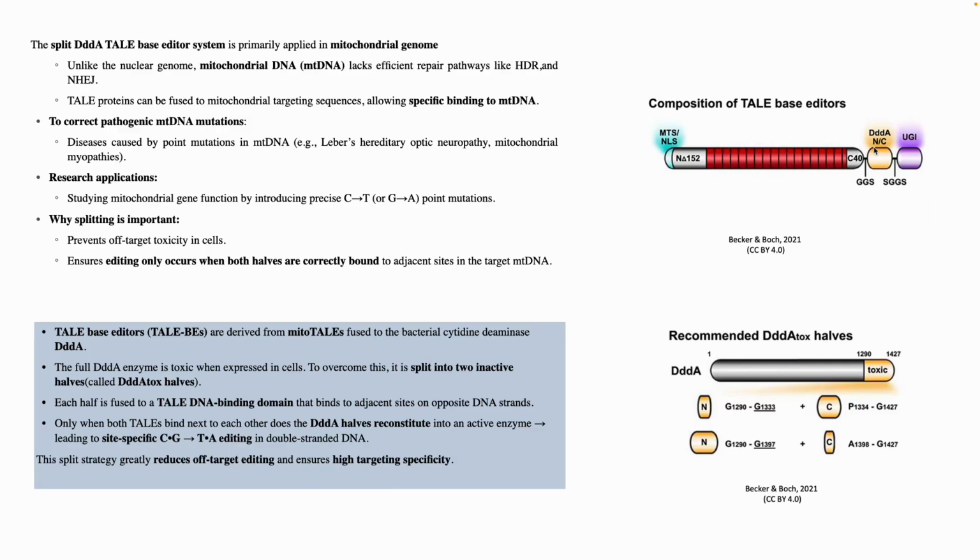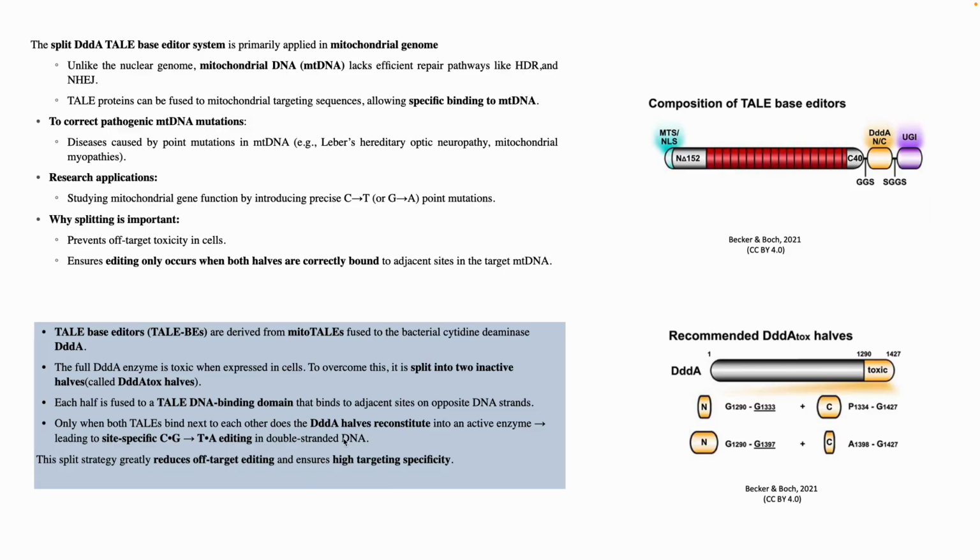So what scientists have done, they have divided this DddA into two fragments. They joined one fragment at the N terminus and one fragment at the C terminus. And after splitting these DddA fragments, they could achieve the specific binding of these mitoTALEs to the mitochondrial DNA.